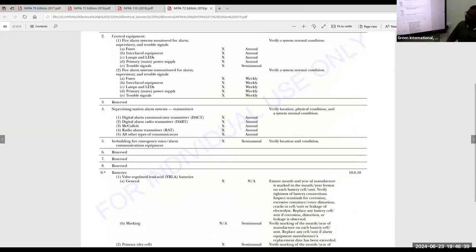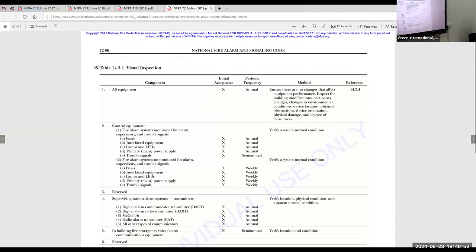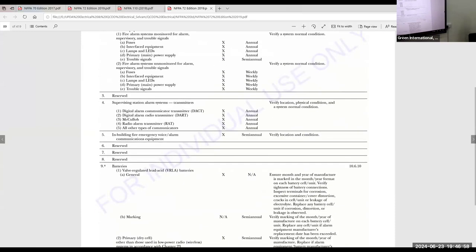For example, we have one question: digital alarm communication transmitter frequency. Here, usually we make a mistake. We have two tables: one table for visual inspections, and the next table for testing.